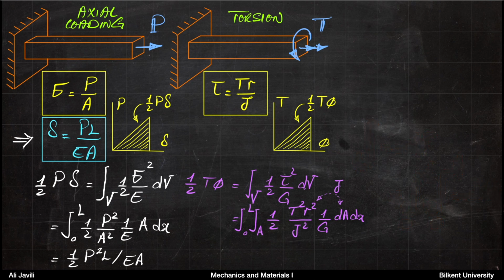Now, if you do that, you will see that you have a term which has r squared dA. So the rest of the terms you have here are not depending on the radius, or they are not changing in an area. So if you take this out, you would have an integral over A of r squared dA. And that thing is exactly the polar moment of inertia, J.